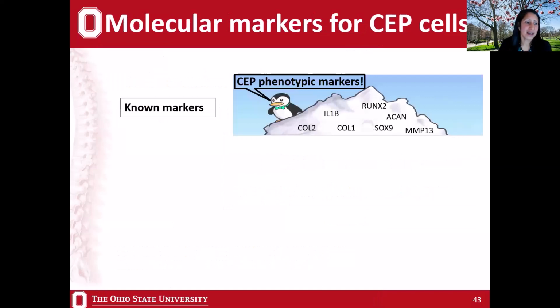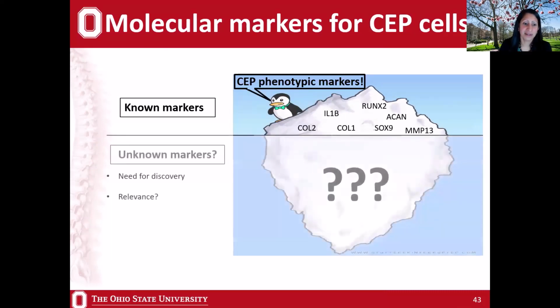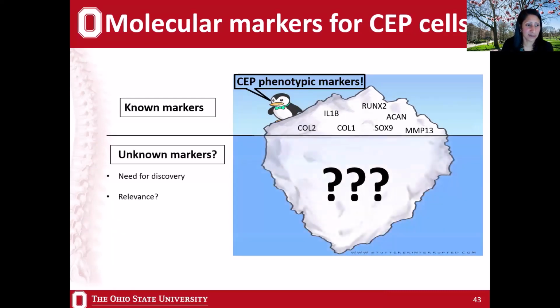In terms of markers, the typical markers that we look at for end plate are those for articular cartilage or for NP, the classic markers. However, no one's really done a deep dive or deep phenotyping of the actual markers that the end plate cells express, right?